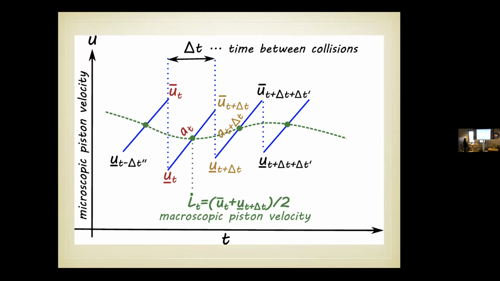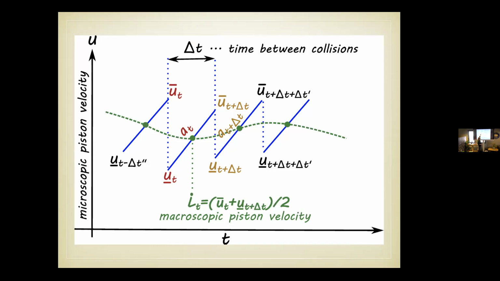However, now we have to see the following. We take the piston and move it, and all the time molecules are bouncing against the piston at small time intervals. We accelerate the piston with the force that we press, and between the collisions we have a constant acceleration of the piston.